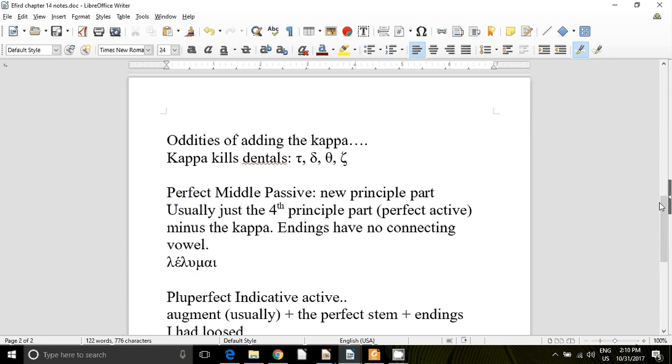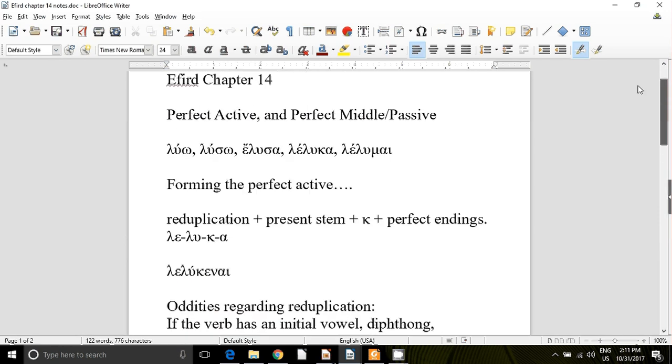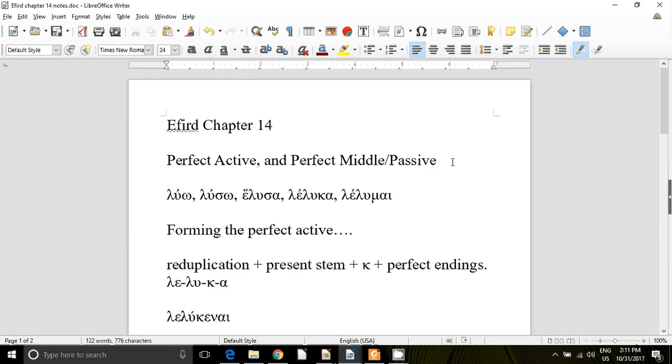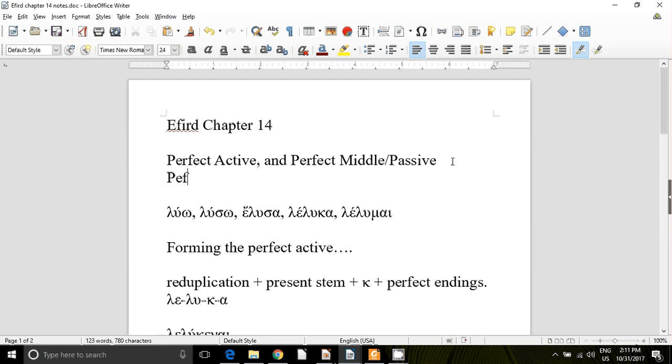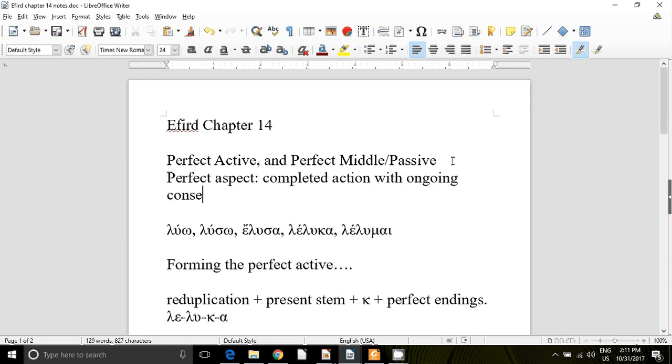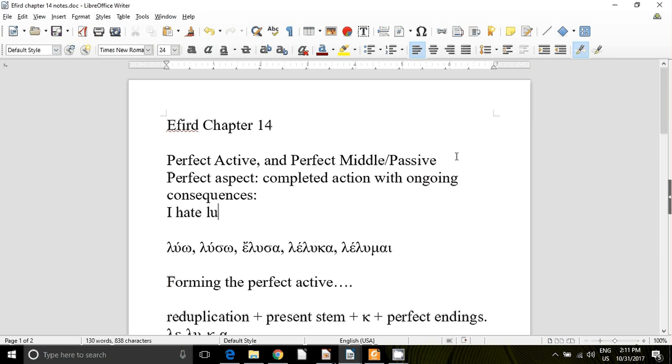We should say also the aspect of the perfect tense is an action that has been completed. Here, let's add this here at the top to talk about the perfect, its aspect. A completed action with ongoing consequences. All right. So if you say I ate lunch, you might still be hungry.